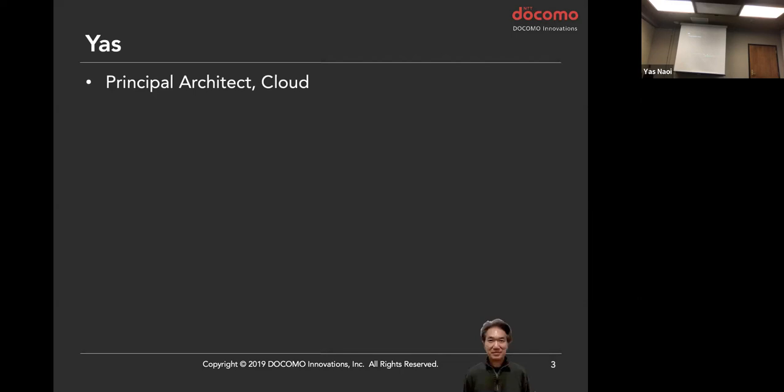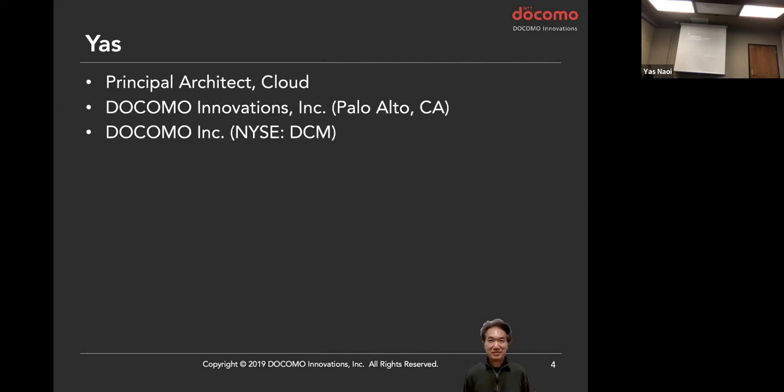I'm working at DoCoMo in Palo Alto as a principal architect of cloud for more than 10 years. DoCoMo is a Japanese mobile operator. Half of the Japanese population uses DoCoMo. Like AT&T or T-Mobile, we provide 4G LTE wireless service in Japan.